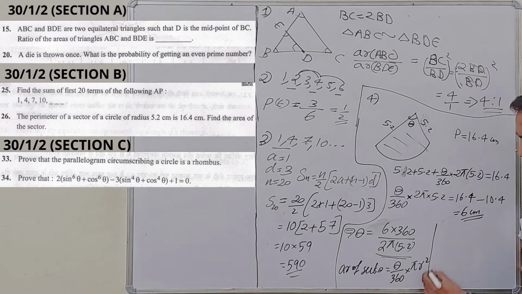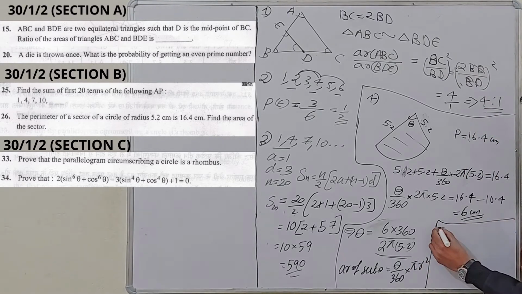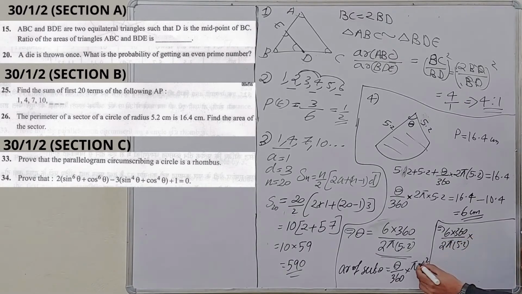Clear? That implies, what is theta? 6 into 360 divided by 2 pi into 5.2, into pi r square. Pi r square is 5.2 whole square, divided by 360.